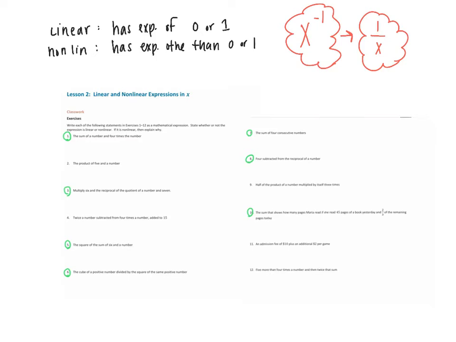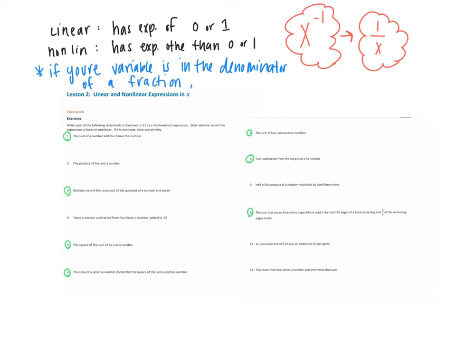So keep in mind that if your variable is in the denominator of a fraction, it may be nonlinear.